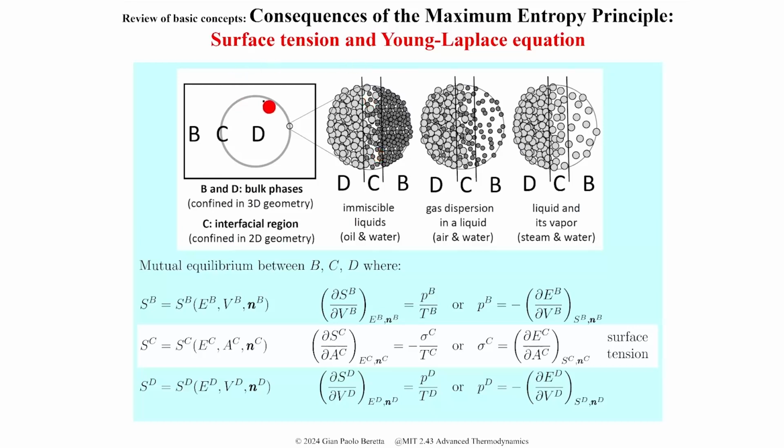So it's only by moving along this circle here, if it is a spherical geometry, that you can find this coexisting situation.